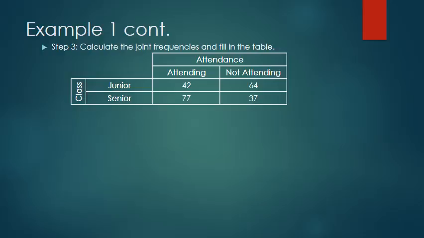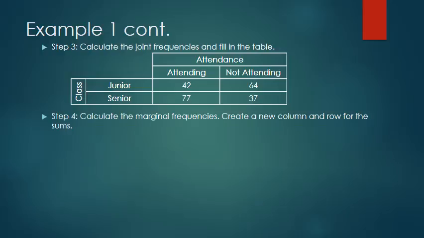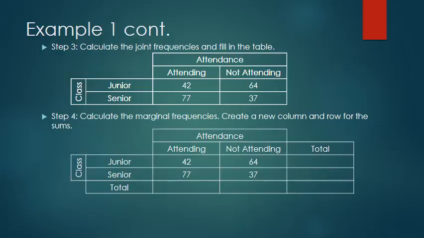Now we need to find and interpret the marginal frequencies. So the marginal frequencies are the sums of the rows and the columns. So we're going to create new columns and rows for these totals. You can add this right onto your existing table. So we need to make a row along the bottom for totals and a column along the side for totals.